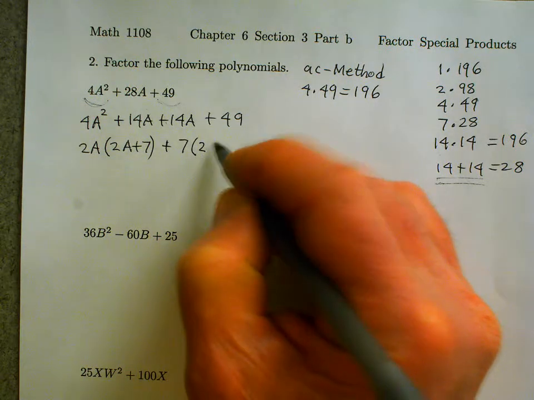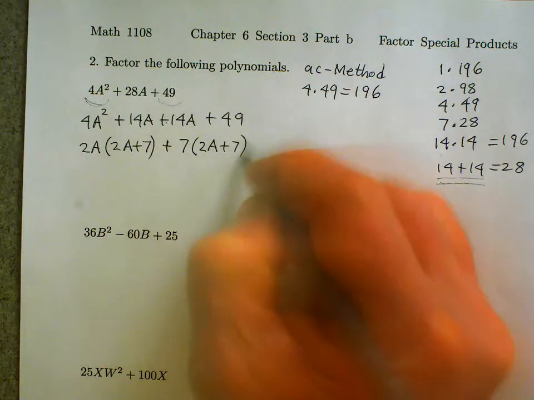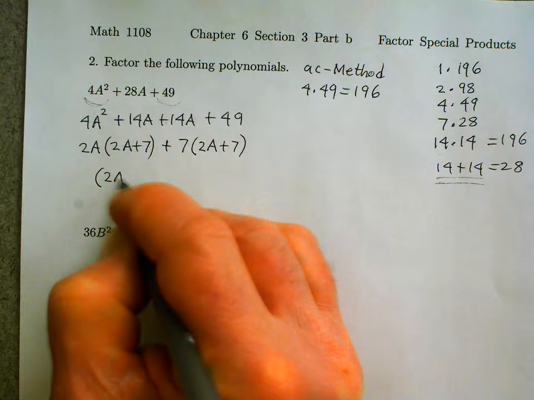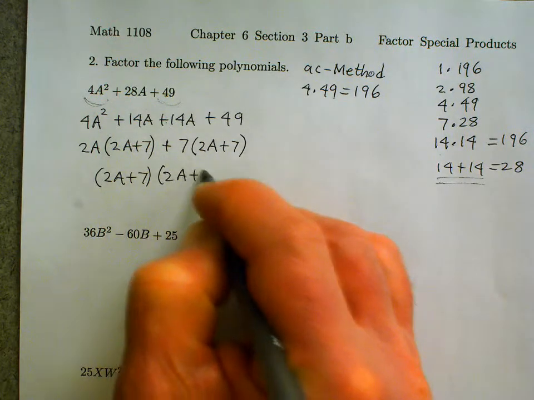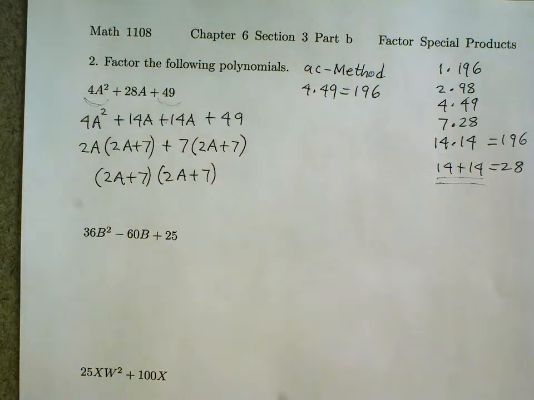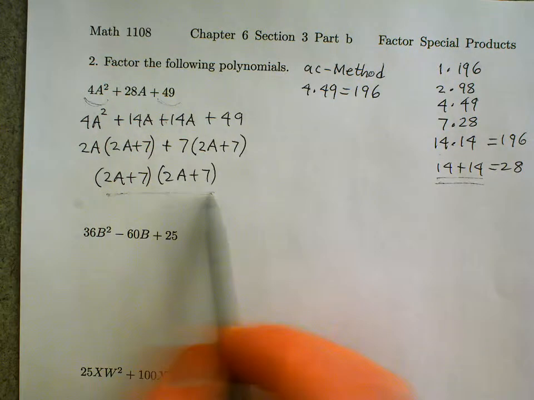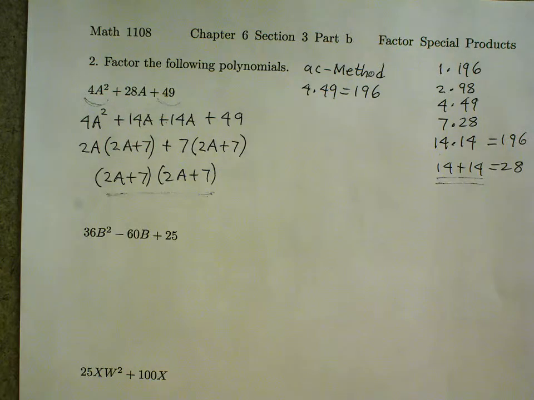And factor that out, we get 7 times the binomial 2a plus 7. And then the complete factorization, 2a plus 7 times 2a plus 7. So here's another proof that the original trinomial is a perfect square trinomial because the two factors are the same.